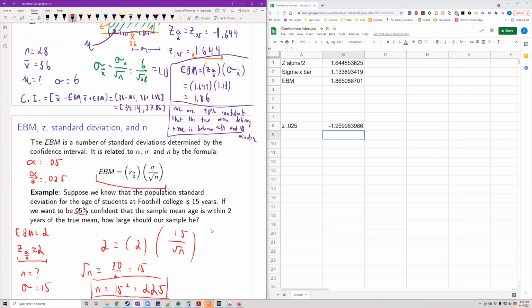As a general rule, with a larger sample size, you'll be able to be either more confident or you'll be able to have a smaller range. The range of your confidence interval and the amount of confidence that you have are a kind of trade-off.